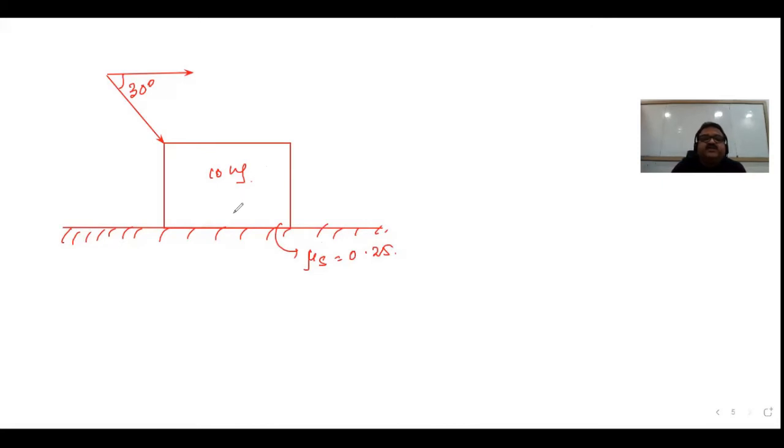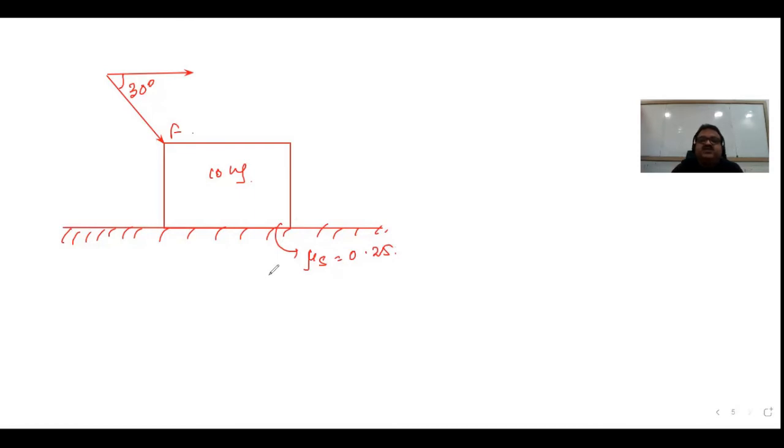Look, students, a problem is given like this. A force F is acting on this block, making an angle of 30 degrees with the horizontal. We need to find out the value of F for which the body will just begin to slide over the surface of the horizontal plane. Coefficient of limiting friction is given, mu is equal to 0.25.